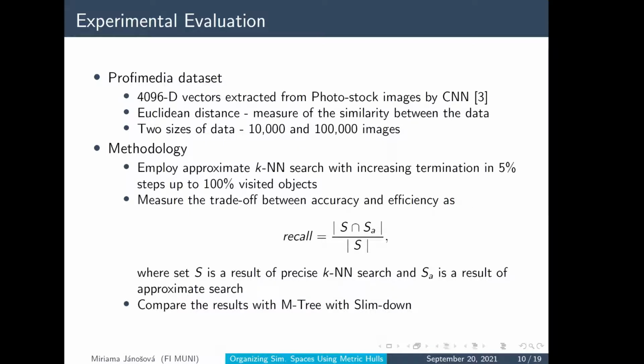It is computed as a ratio between the number of correctly identified nearest neighbors that would be part of a precise k-NN search by a sequential scan and the number of nearest neighbors to be retrieved. We compare the results with M3 optimized by the slimmed-down insertion.